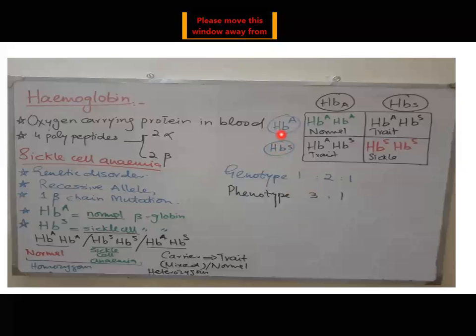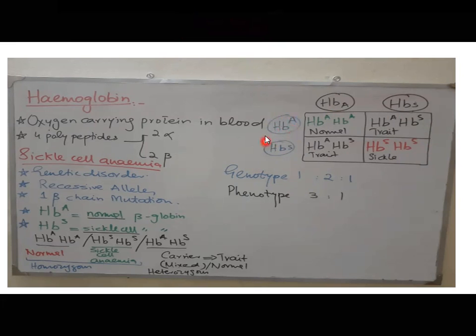Okay, now we have two kinds of parents over there, and both are in the heterozygous condition, that is HbA and HbS, both are there. And we are going to make a cross by putting them in the Punnett square. This is parent 1, this is parent 2. Of course, one is the mother and the other the father. These circles denote the gametes.